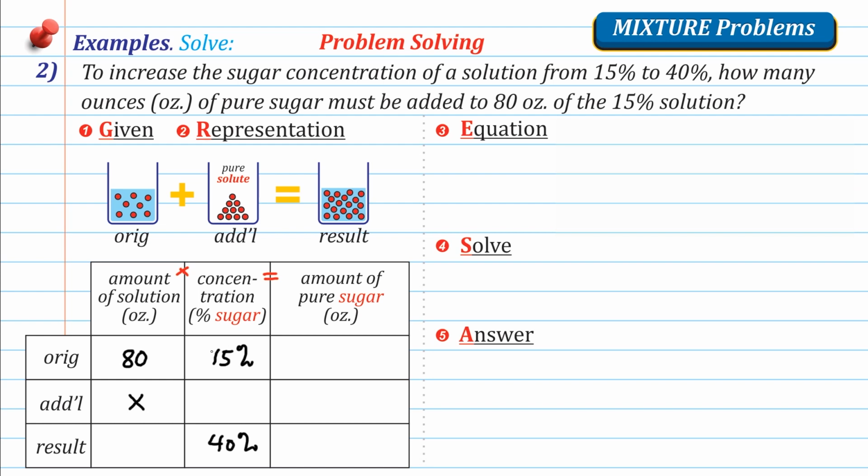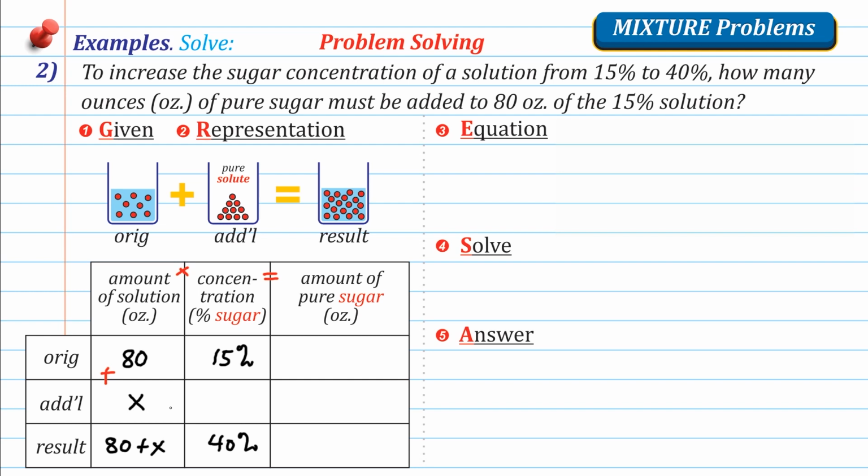So, again, just like our previous example, we are missing some cells. This cell and this one. The moment we complete this, this will be very easy na. So, let's analyze. First, we have originally 80 ounces. Of course, we added an amount, an unknown amount, equal to x. Therefore, the result would then be the sum, 80 plus x.